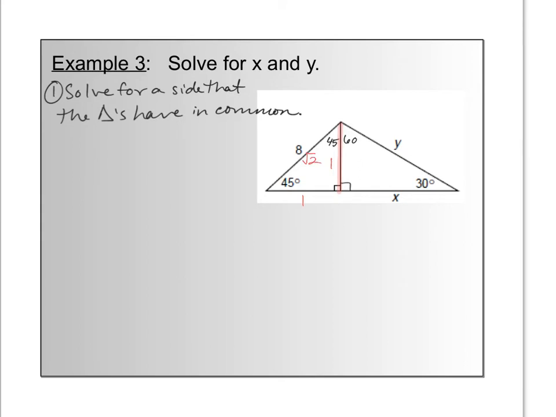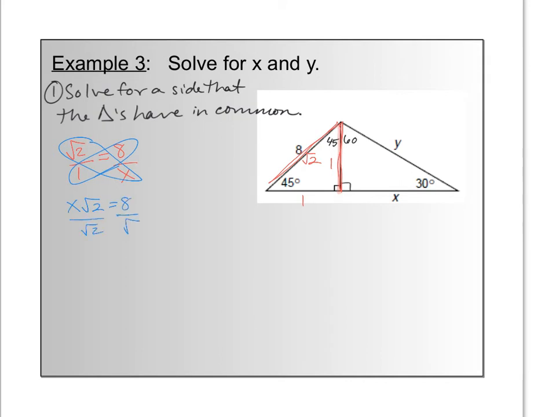So if I know the 8 and I want over here, I think the ratio that I'm going to work with is root 2 to 1. I know the 8 and I want to find the leg. Cross multiply. So we're going to have x root 2 equals 8.